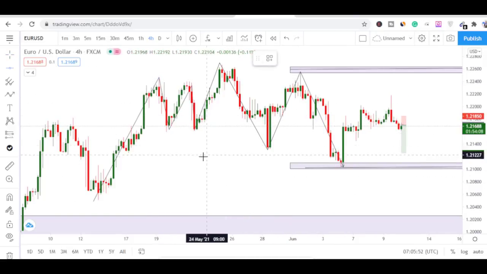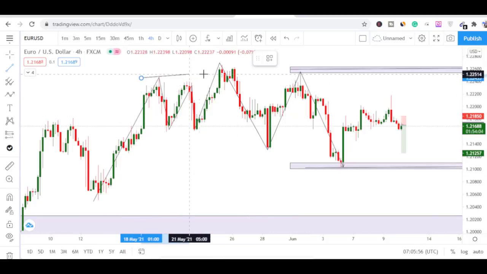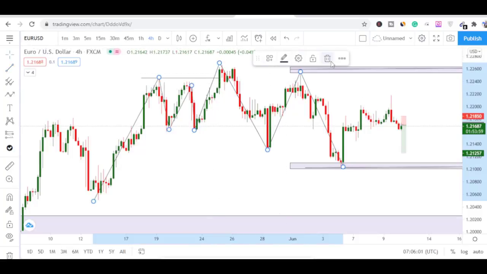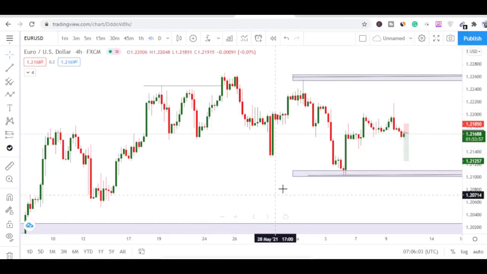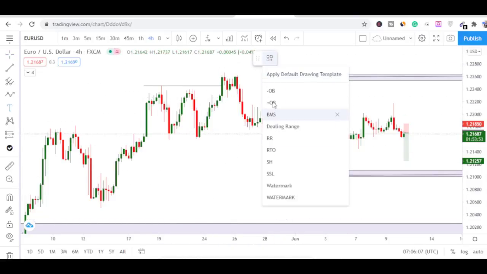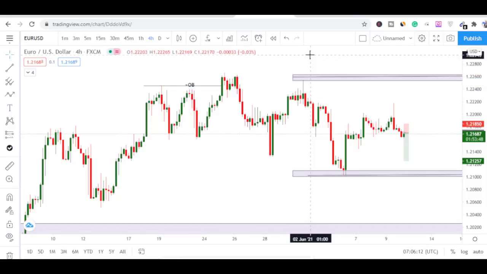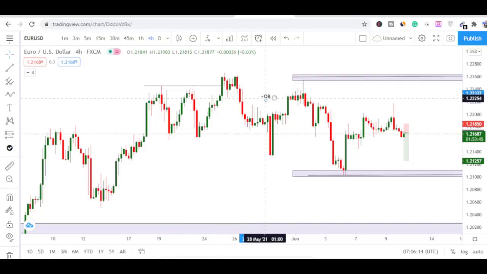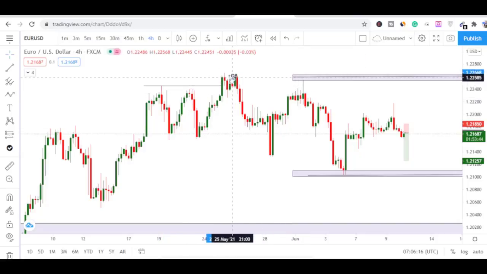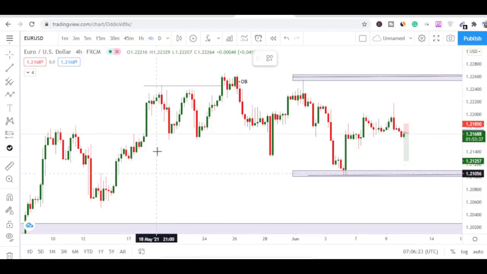So let's mark this up, right? Liquidity. So I'm going to delete this, right? Liquidity right there, and you can write that out, liquidity. All right, so I'm going to put that, give me a second. So this order block was respected, that order block right there, so I'm going to put that as the order block, right?